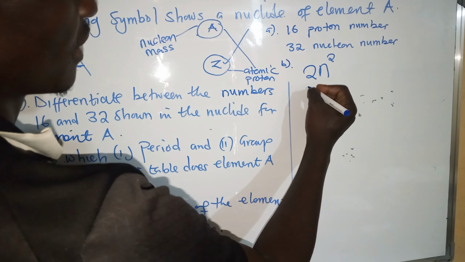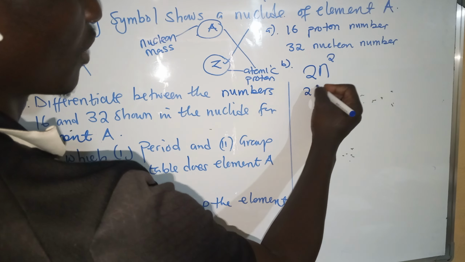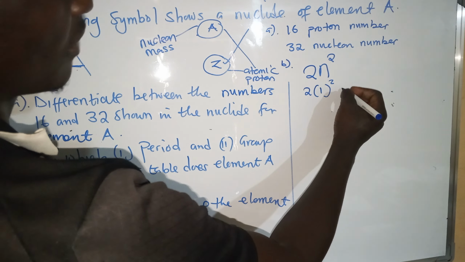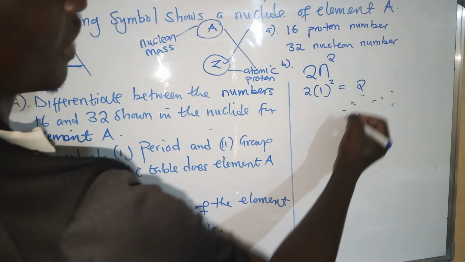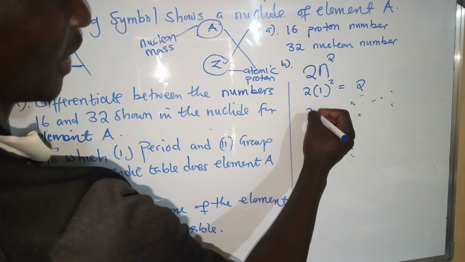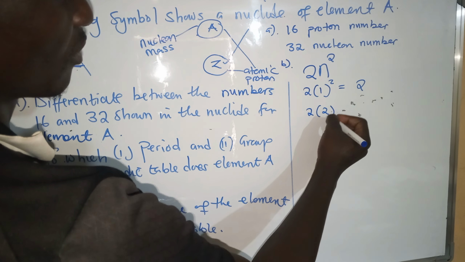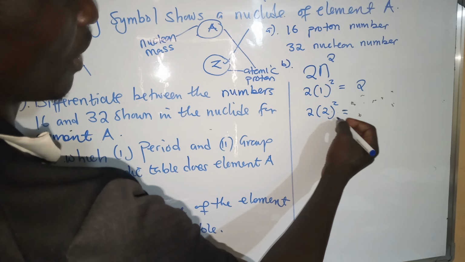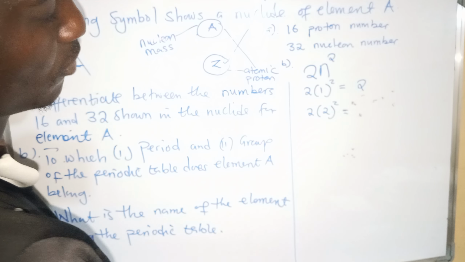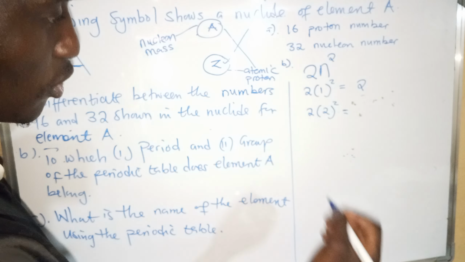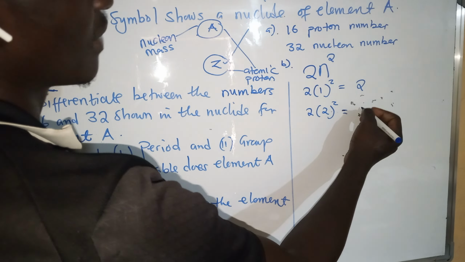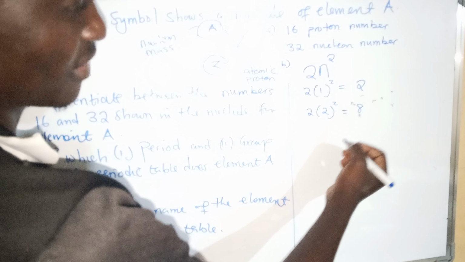If you are dealing with the first shell, it will be 2 times 1 squared, and you are going to get that the first shell will only have 2 electrons. If it is the second shell, we'll say 2 times 2 squared. 2 squared is 4, 4 times 2, we are getting 8. This is the second shell.